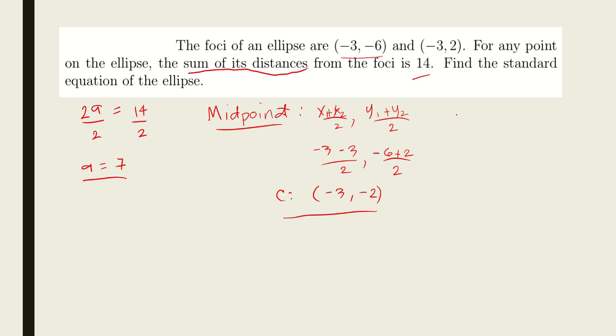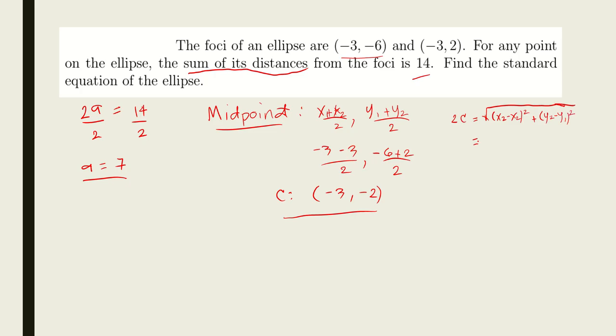Again, that is the value of our 2c using the distance formula, and that is equal to the square root of, you must remember all those formulas, (x sub 2 minus x sub 1) quantity squared plus (y sub 2 minus y sub 1) quantity squared.